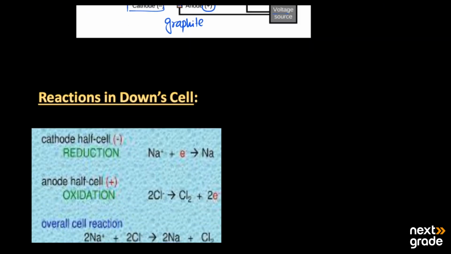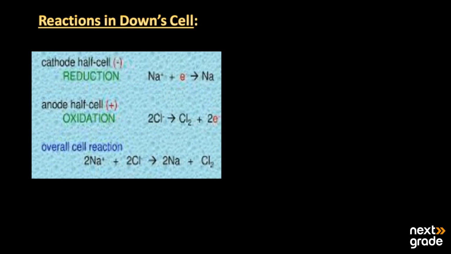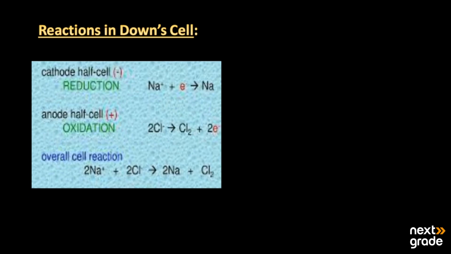Next, we have the reactions in the Downs cell. Basically, the reactions in the Downs cell are of two types. One is oxidation, and the other is reduction. The cathode half cell works as a reduction: the sodium positive ion gains an electron and undergoes reduction and changes into sodium metal.